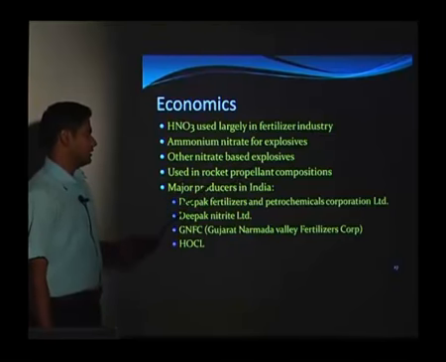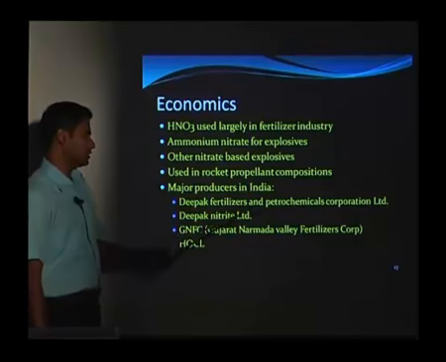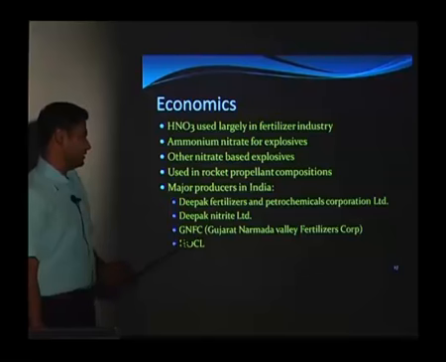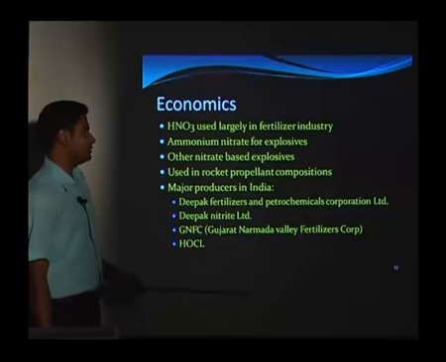It is also used in rocket propellant compositions. In India, the major producers are Deepak Fertilizers and Petrochemicals Corporation Limited, Deepak Nitrite Limited, GNFC, that is Gujarat Narmada Valley Fertilizers Corporation, and Hindustan Organics Corporation Limited.